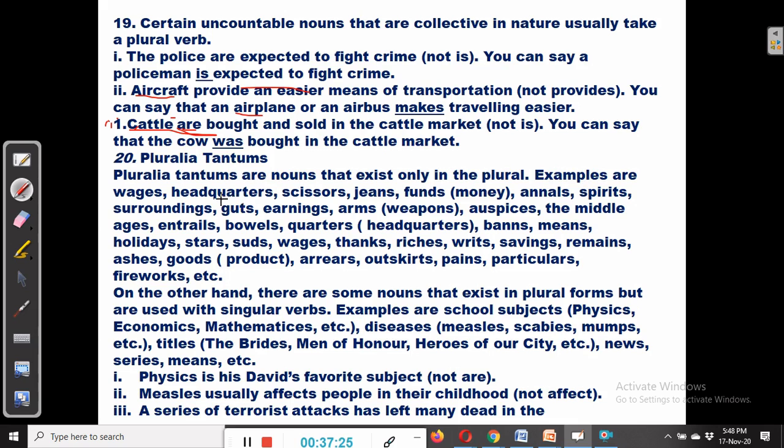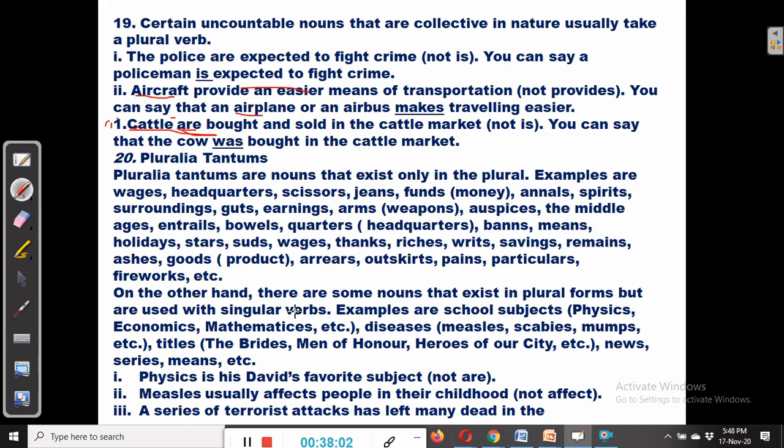Examples are wages, headquarters, scissors, jeans, funds, annals, spirits, surroundings, gods, earnings, arms, that's weapons, auspices, the Middle Ages, entrails, bowels, quarters or headquarters, bands, means, holidays, stars, swords, wages, thanks, riches, wreaths, savings, remains, ashes, goods, arrears, outskirts, pains, particulars, fireworks, and so on.